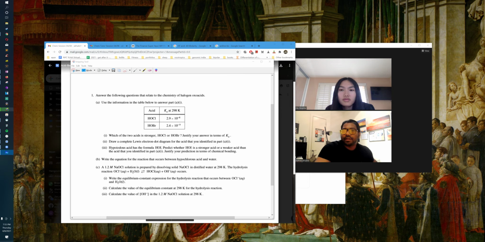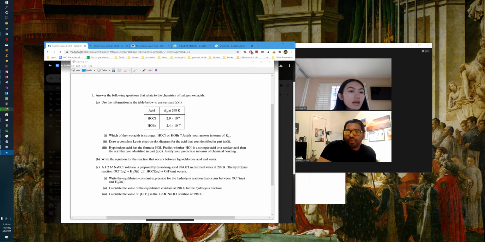Since they're not asking us to draw Lewis dot diagrams, it doesn't really matter where we put the negative, but technically it would be on the O. Same thing with OH minus, the minus is at the end, but the minus sign is really on the oxygen.